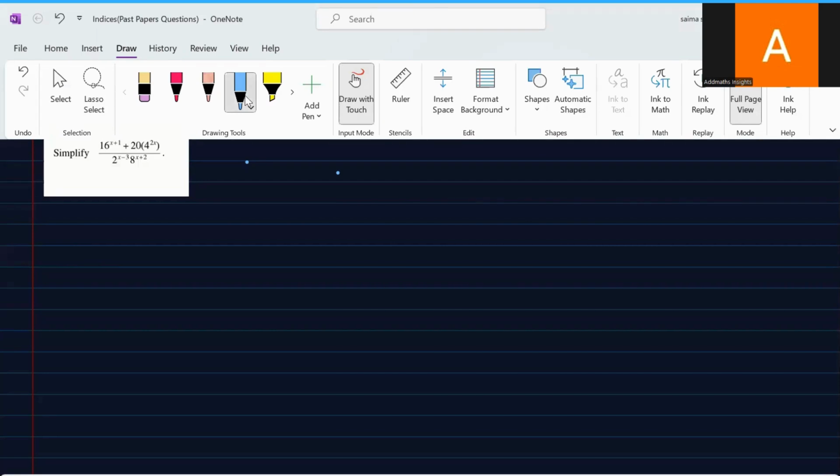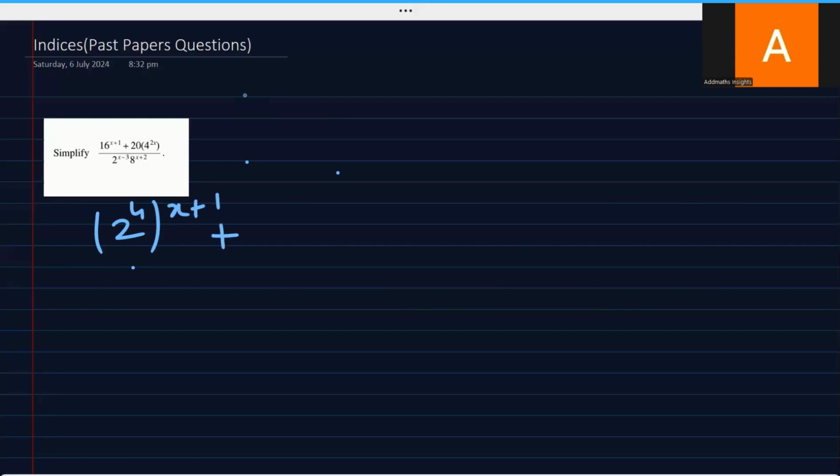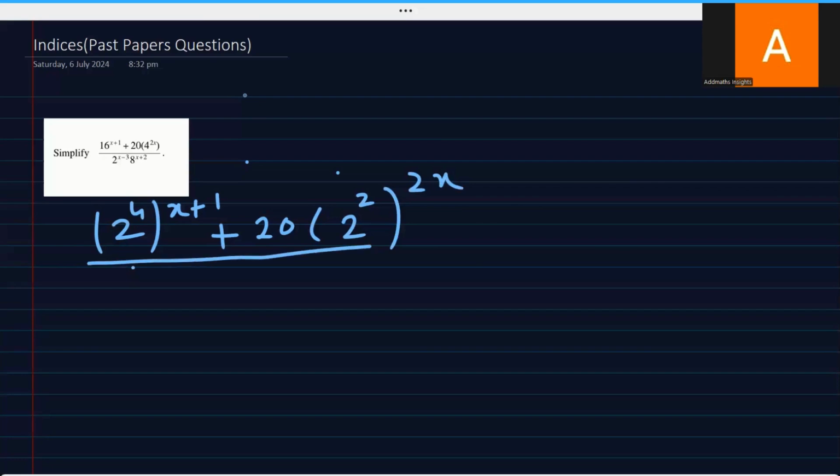You can write 16 as 2 raised to the power 4, and then whole raised to the power x plus 1, plus 20 as it is, and you can write 4 as 2 square, whole raised to the power 2x, divided by 2 raised to the power x minus 3, and 8 can be written as 2 cube, whole raised to the power x plus 2.